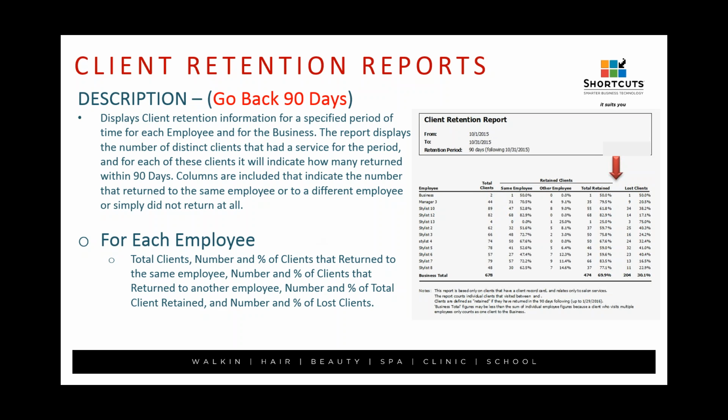So I've gone back to October, chosen October 1st through October 31st, and this tells me how many clients my staff members saw during that time period, how many of those people have actually returned, and how many we've lost because they haven't been back in a 90-day period. If you're struggling with running this report, I would be happy for one of the educators to walk you through it.